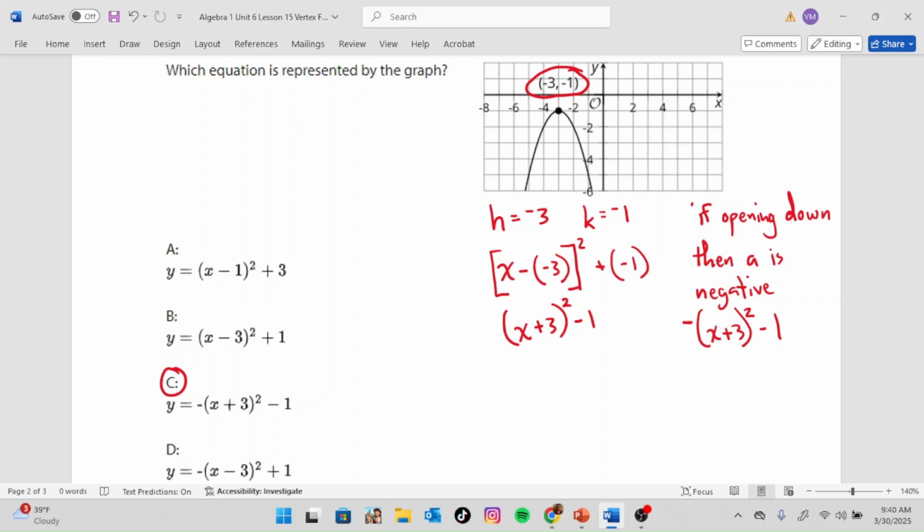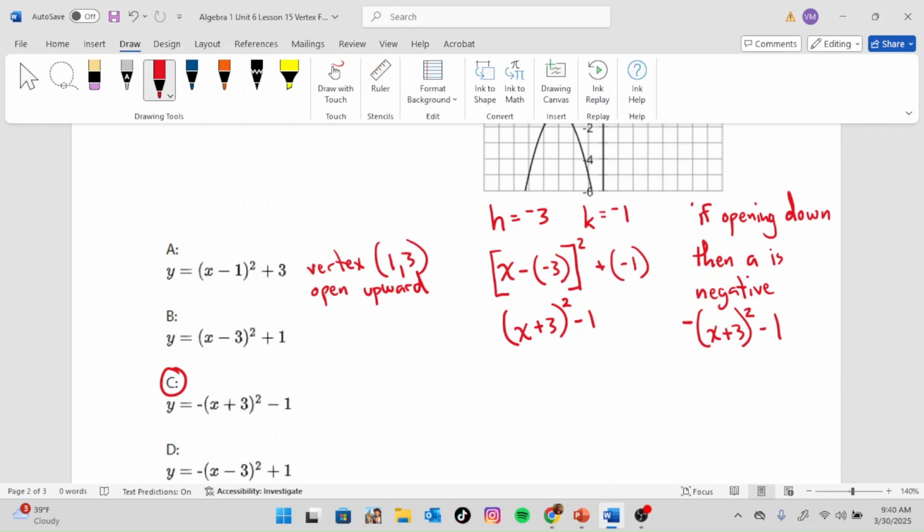A would have a vertex at 1, 3, and it would open upward. That's why it's wrong.